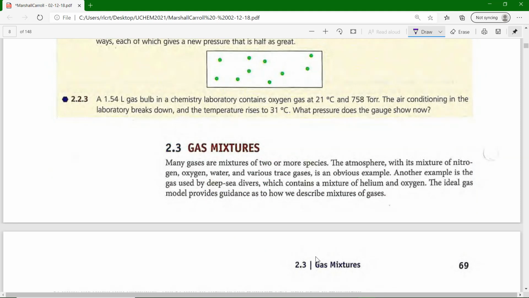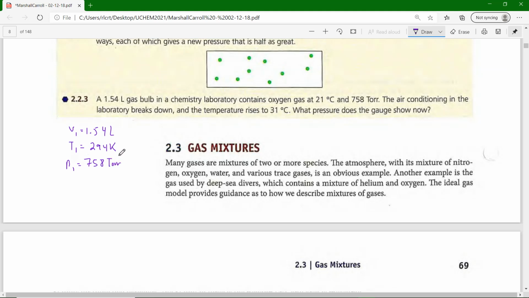A 1.54 liter gas bulb, so V1 is 1.54 liters, contains oxygen gas at 21 degrees Celsius, so that's 273 plus 21, 294 Kelvin, and a pressure of 758 torr. Do I have to change that? Maybe not. Let me just write it, 758 torr.